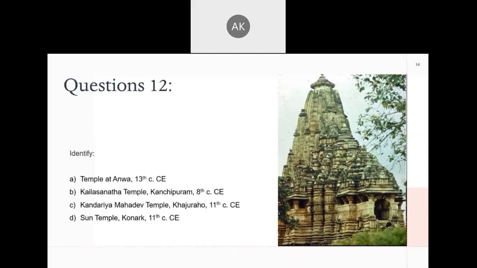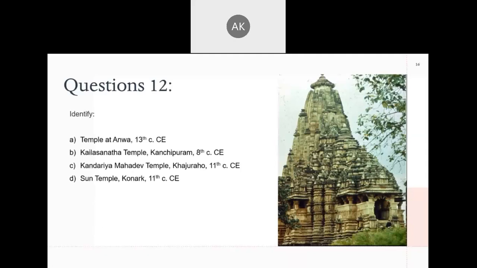The options are the temple at Anva belonging to the 13th century CE, the Kailashanatha temple of Kanchipuram from the 8th century CE, the Kandaria Mahadev temple of Khajuraho from the 11th century CE, or the Sun temple Konark of the 11th century CE. What is the answer? It is not Brihadeshwara temple, it is not Mahabodhi temple. Any guesses? You need to know this.